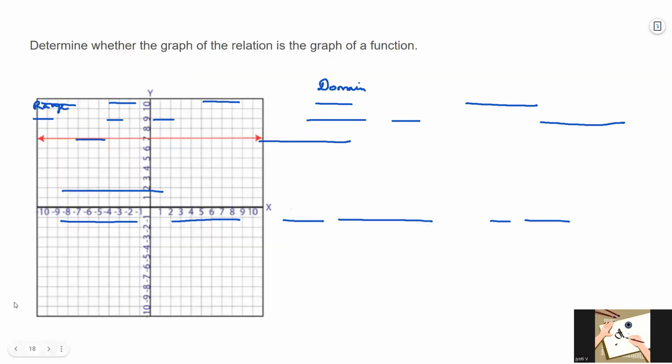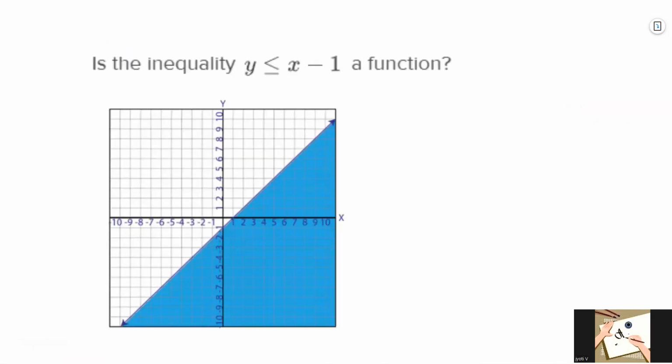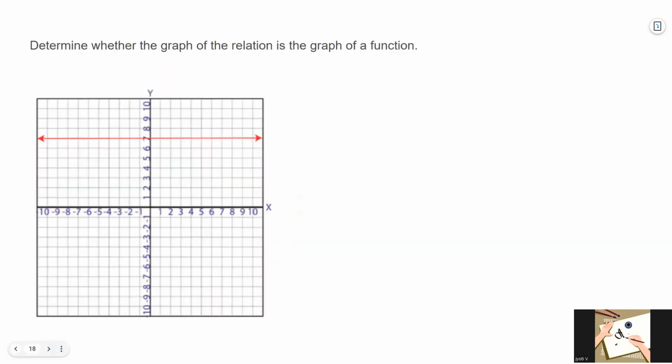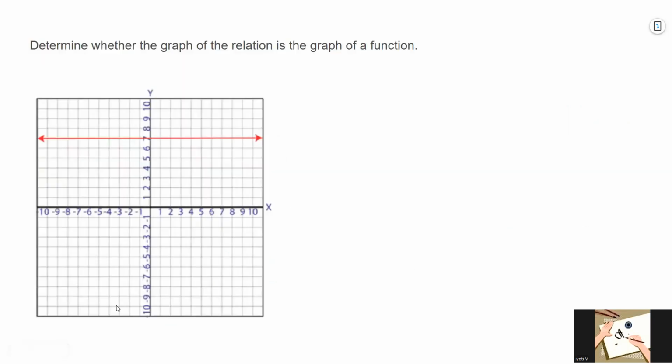Let's go ahead. Here we are having an example.